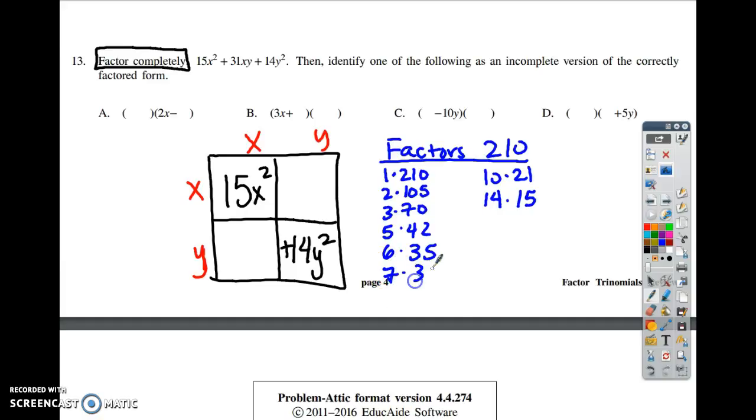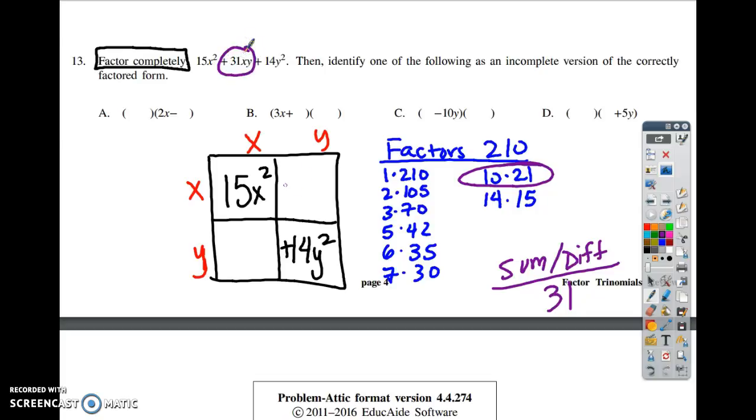You're right. Okay, so those are all the factors, and then we need to find one that gives you a sum or a difference of 31, and that would be 10 and 21 if you add them. So both of them need to be positive because this is a positive 31. So you put positive 10 and positive 21, and both of these have an x and a y because that's what the middle term has.